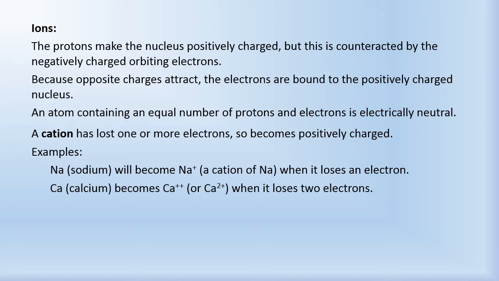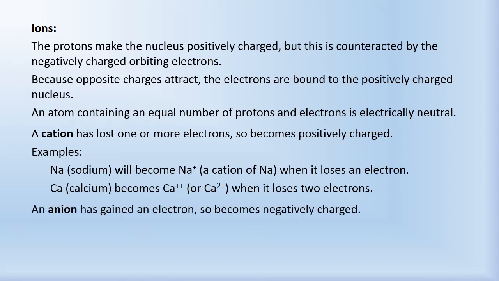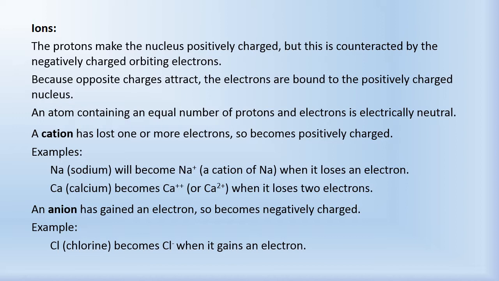Calcium becomes Ca++ or Ca2+ when it loses 2 electrons. An anion has gained an electron, so it becomes more negative, so it becomes negatively charged. A good example of this is chlorine.